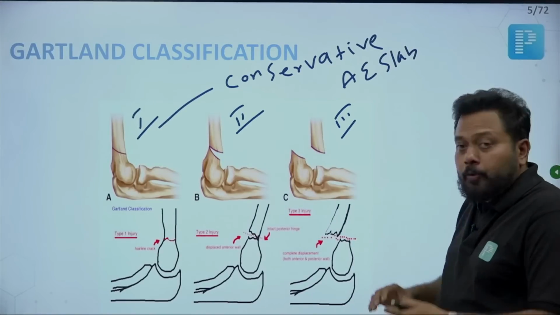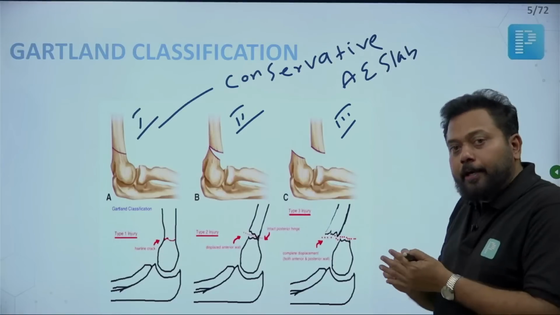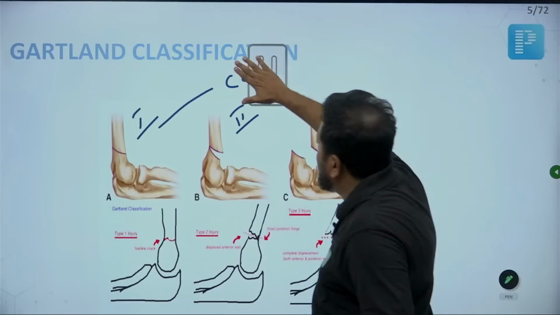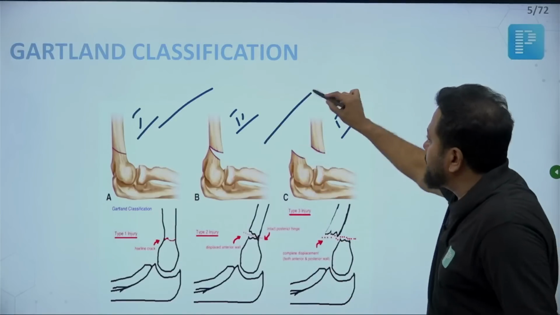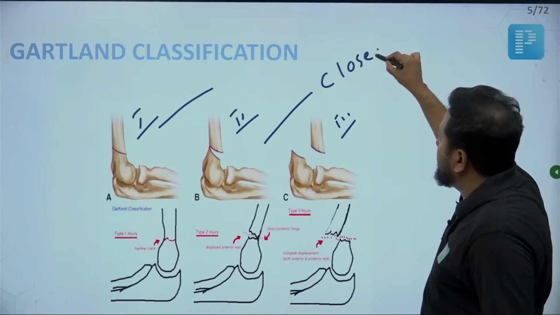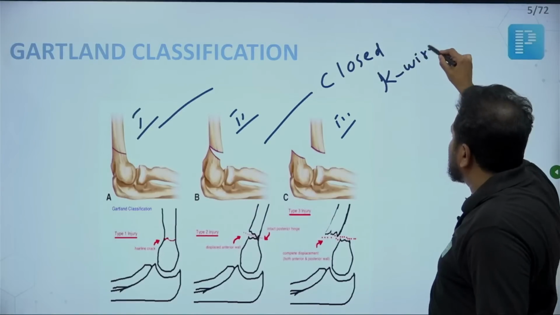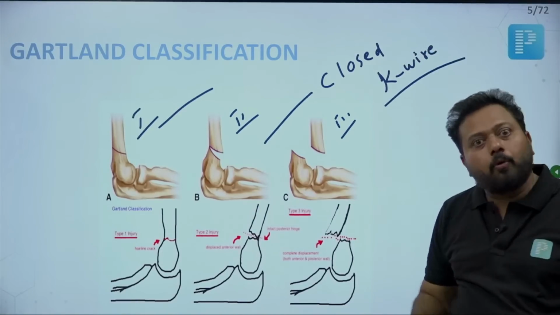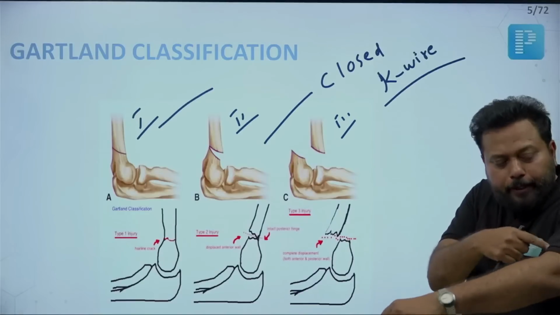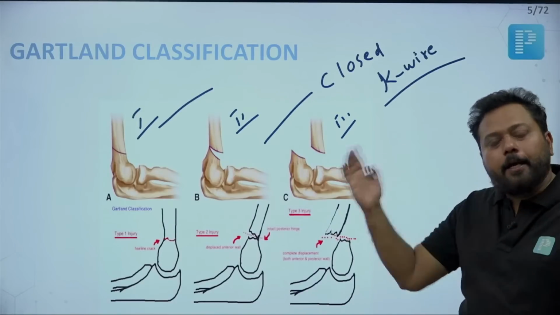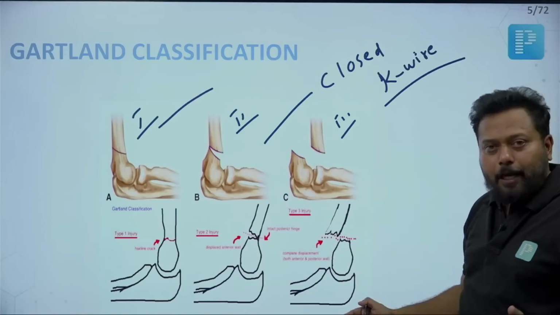Type 2, you should try closed reduction and internal fixation with K wires. So surgery is needed for type 2. Mostly this will settle with percutaneous cross K wires.